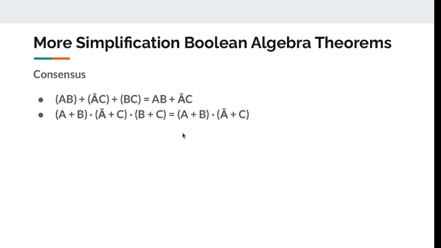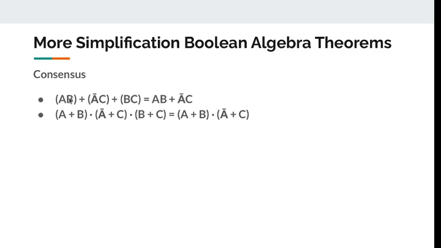More simplification. So we also have the consensus. This one is a little harder to see, but when you have three variables and you have a complement of one of them with the others, usually you can see that the third element of this equation, B and C, because they are already represented here, you don't need to have this one here.